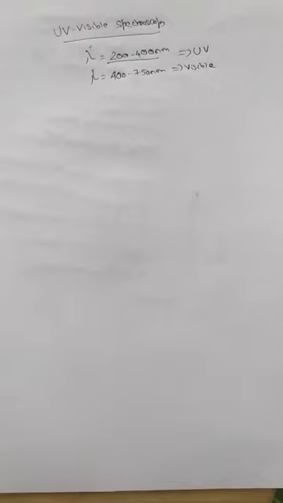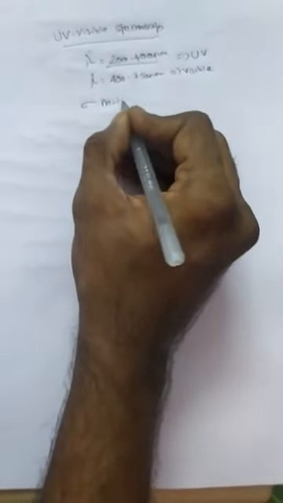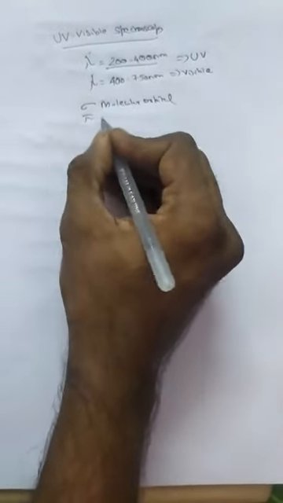We have already seen there are two types of molecular orbital in terms of molecular orbital theory: sigma molecular orbitals and pi molecular orbitals.